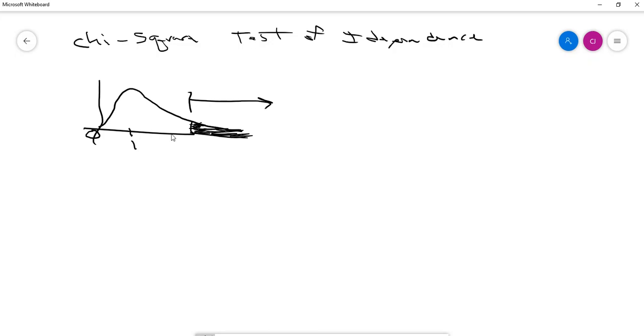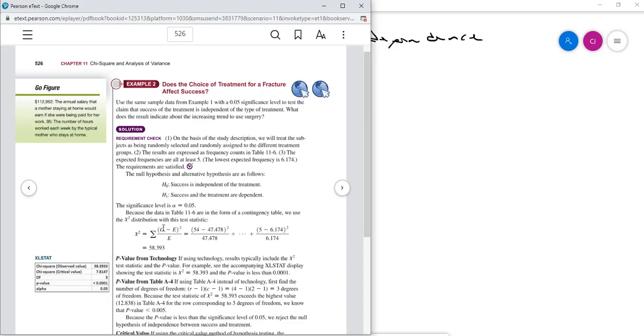Right. Now, if we look up our critical value, so we'll see here the critical value, that's the table value, 7.8147.